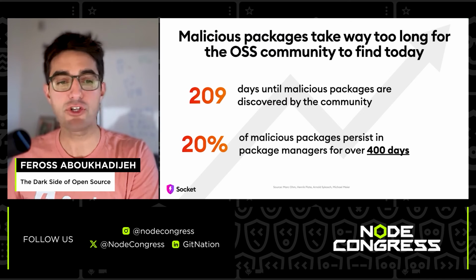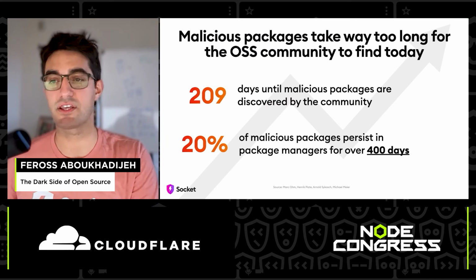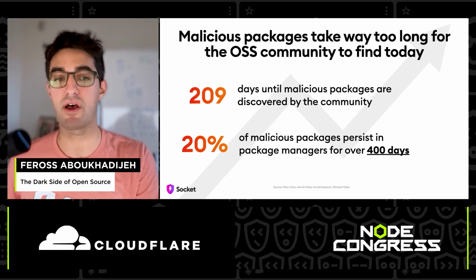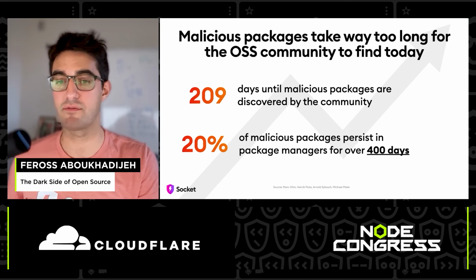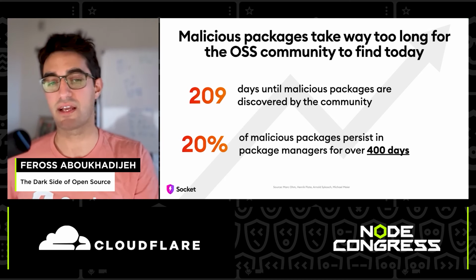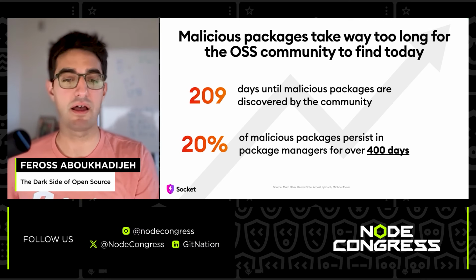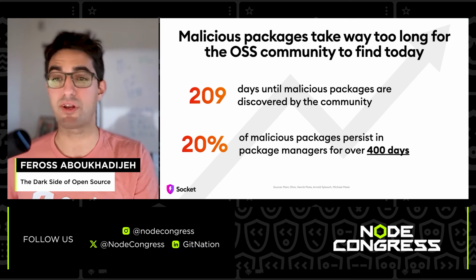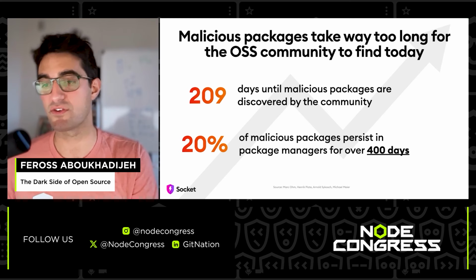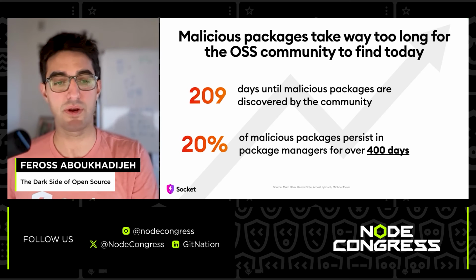And unfortunately, it does take us as a community a little bit too long to find these types of bad packages today. Right now, we're looking at over 200 days to detect a malicious package as a community, and so this is pretty bad. This is from a research paper published in 2021.